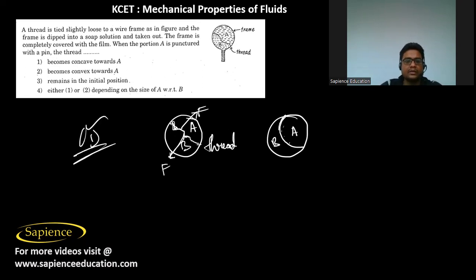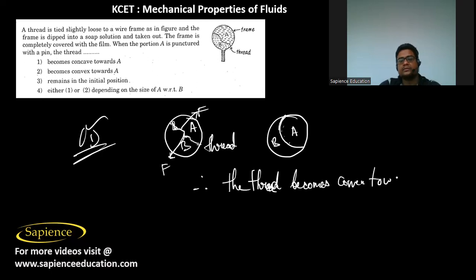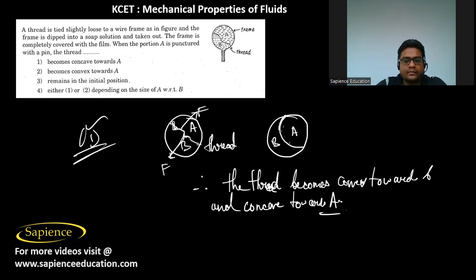Therefore, the thread becomes convex towards B and concave towards A.